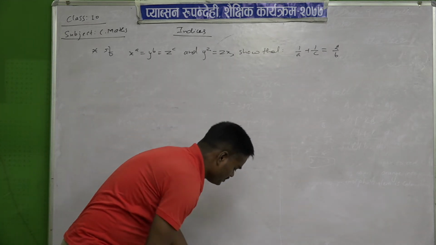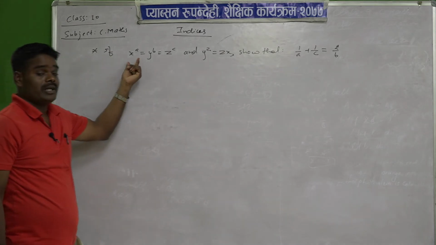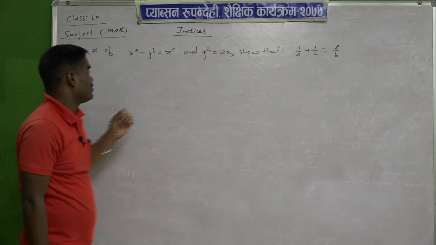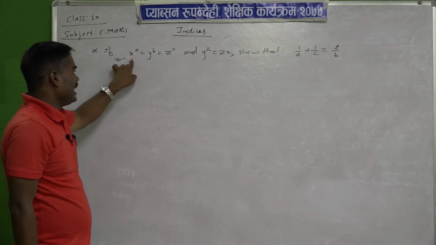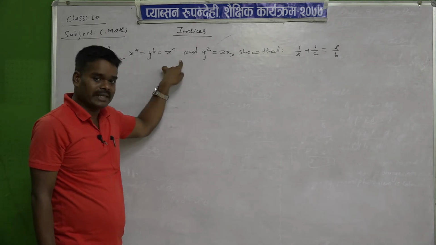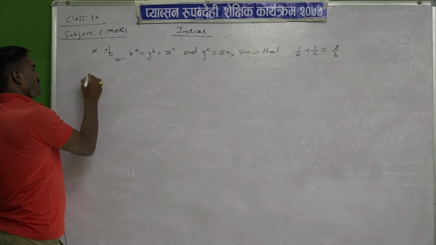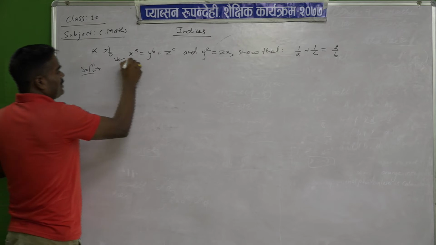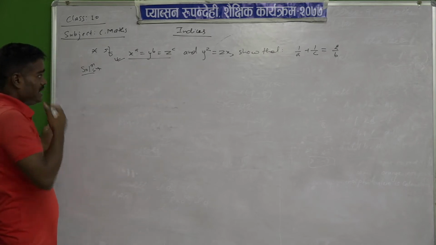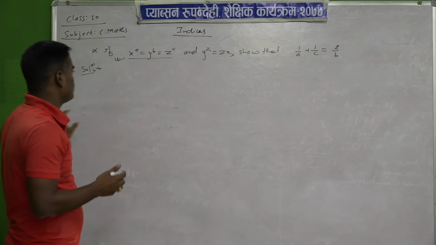So, see here, equality conditions are given here. So, first we have to find out the individual value of x, y and z by supposing any constant number. Because the three equalities are given here, we have to find the actual value of x, y and z by supposing.